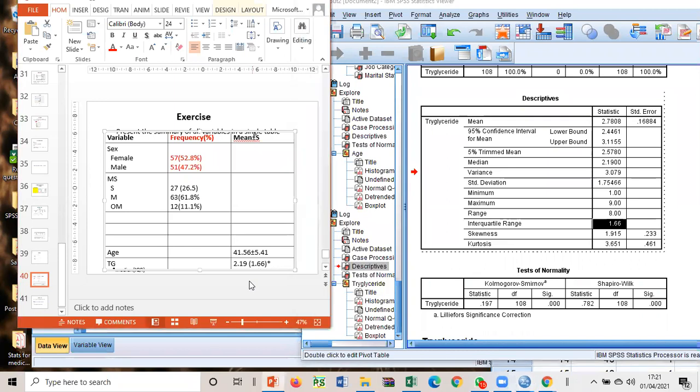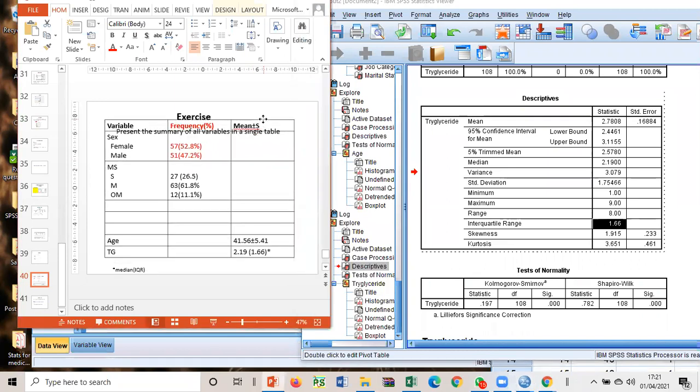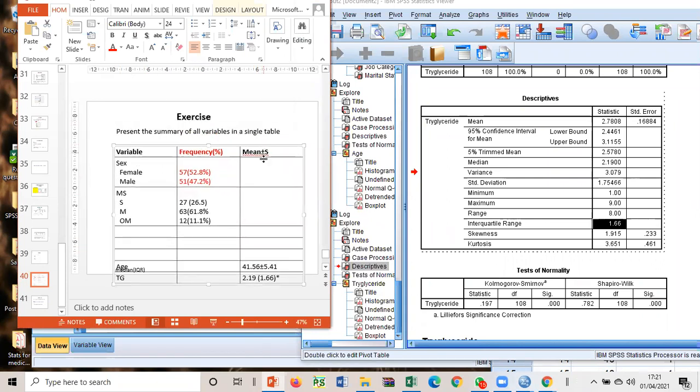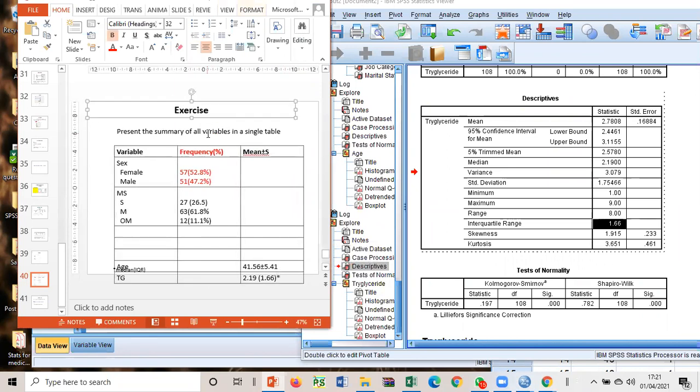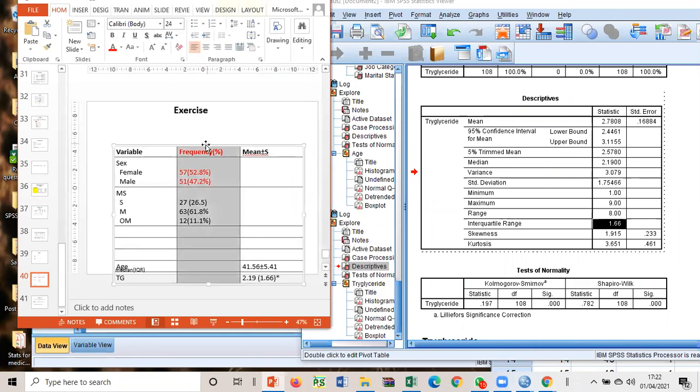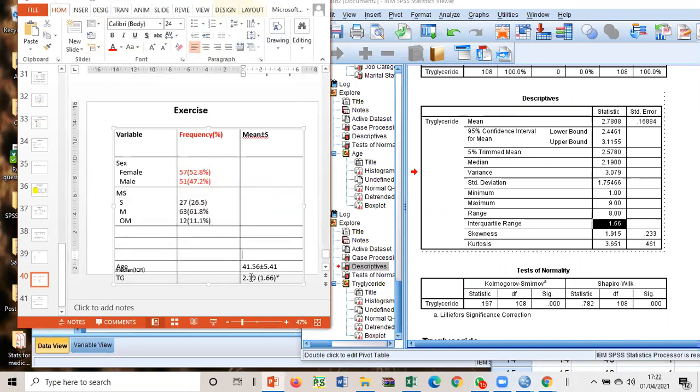When somebody writes this, we know this variable TG is under the column of mean, but put an asterisk sign, put a footnote there. Look here, this is not mean, but median.